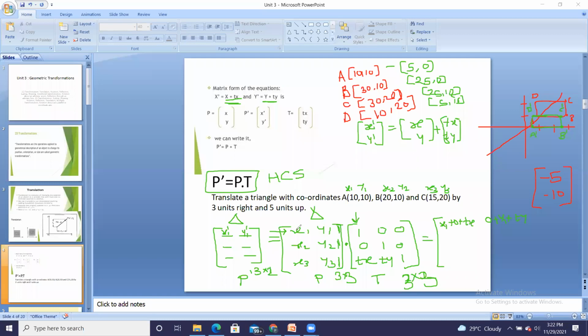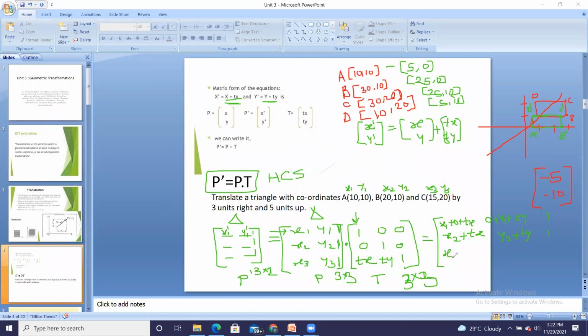And last is this multiplied with the third column. So 1 into 1 will only remain, and that is your additional value that I have added here. 1 remains as it is. Getting it? So here what we have done is we have multiplied every row, and ultimately I am going to get the result as x2 plus Tx and y2 plus Ty, and 1 in the third column.